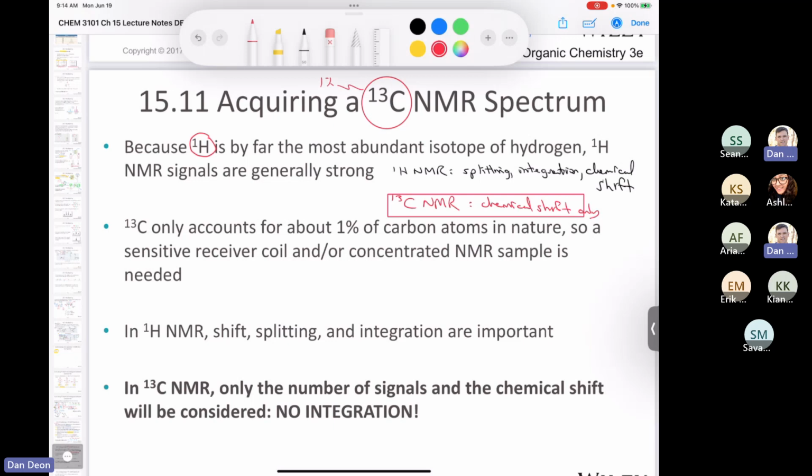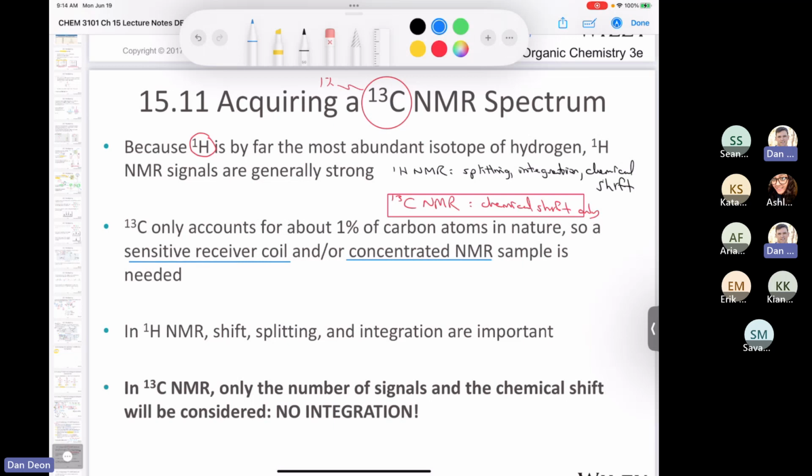So it's 1% abundant. And so you need to either have a much more concentrated sample, which is ideal, or you need to run a longer experiment, or have a more sensitive receiver coil. That just means you've got to take more time to run the experiment.